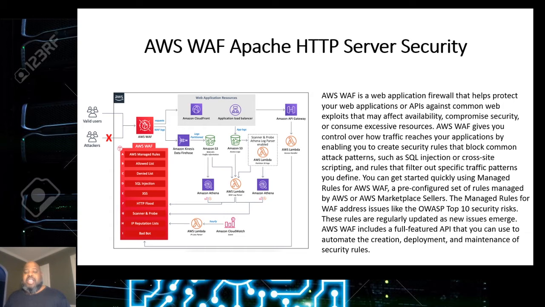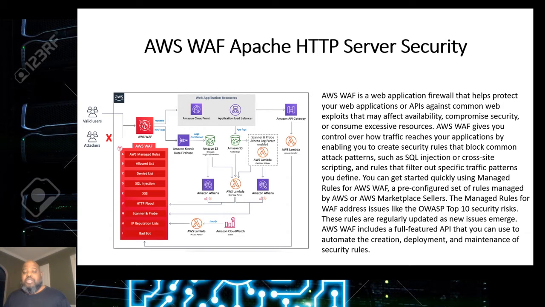The AWS WAF web application firewall gives you control over how the traffic reaches your application by enabling you to create security rules that block common attack patterns, such as SQL injection or cross-site scripting, and rules that filter out specific traffic patterns you define. You can get started quickly by using Managed Rules for AWS WAF, a pre-configured set of rules managed by AWS or AWS Marketplace sellers.